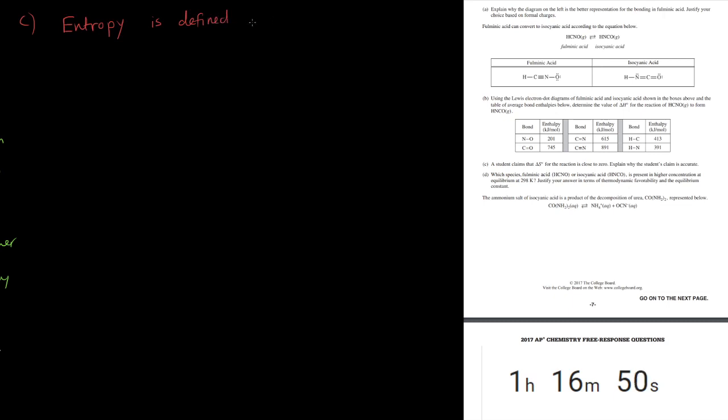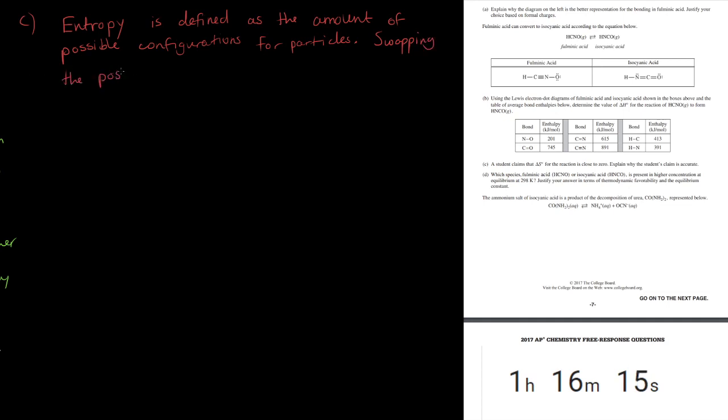defined as the amount of possible configurations for particles, then we can say, I would say, swapping the position of the C and the N doesn't actually change the phase.